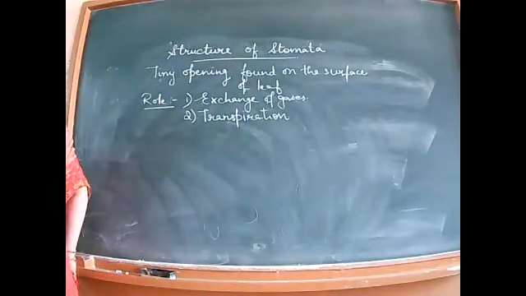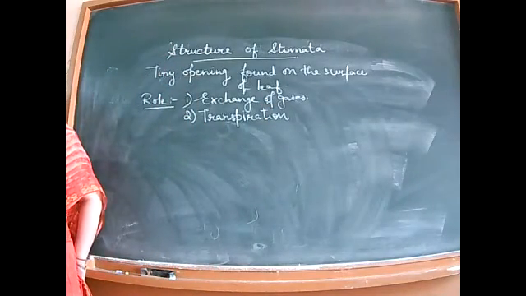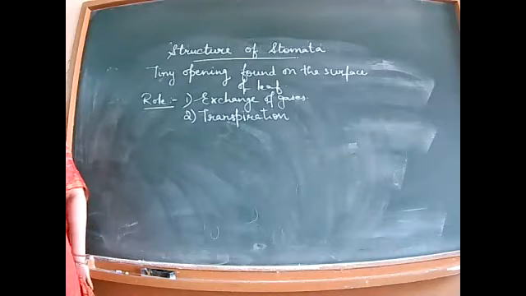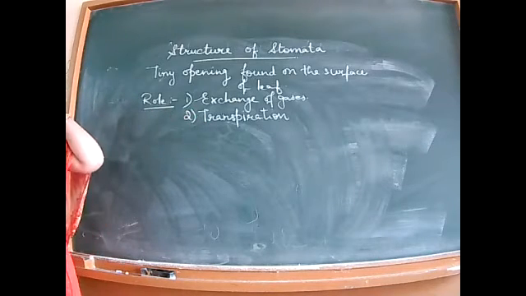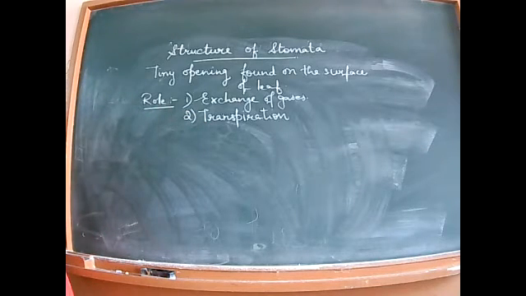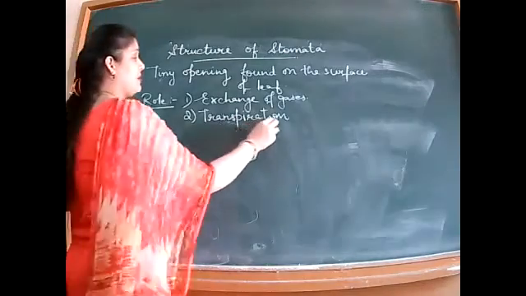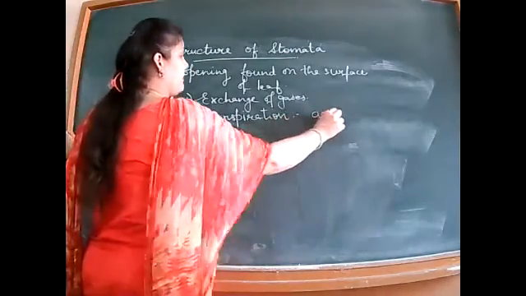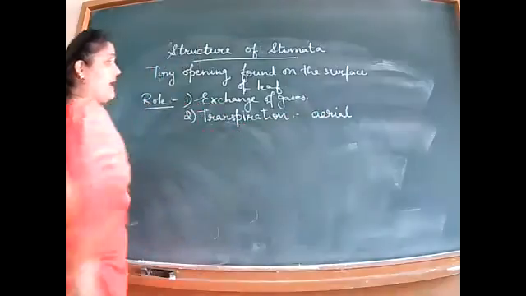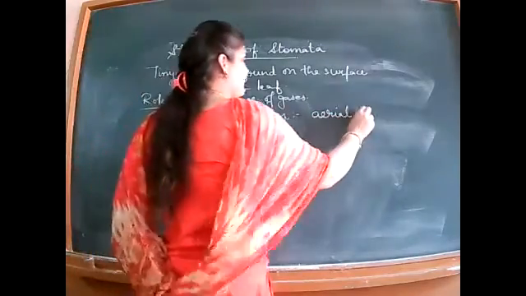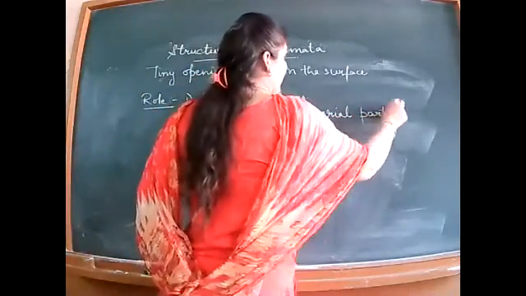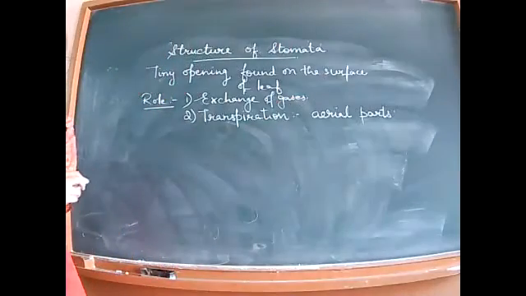What is this transpiration? Transpiration is the process by which water is lost from the aerial parts of the plant in the form of water vapors.